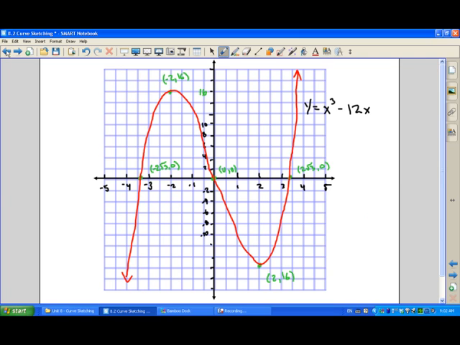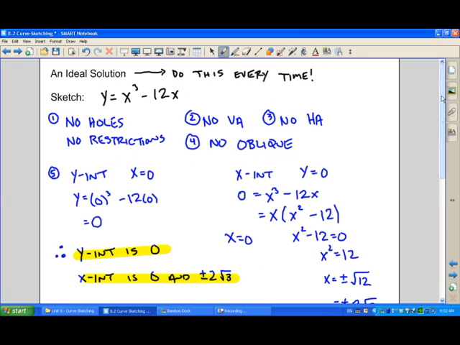Okay, so on the summative, you're going to be asked to sketch some curves, and we're going to spend lots of time practicing sketching. If you want to get perfect, if you want to get as many marks as possible, you need to do this method every time.